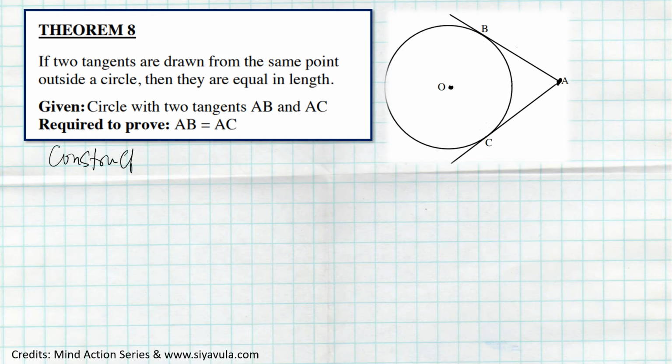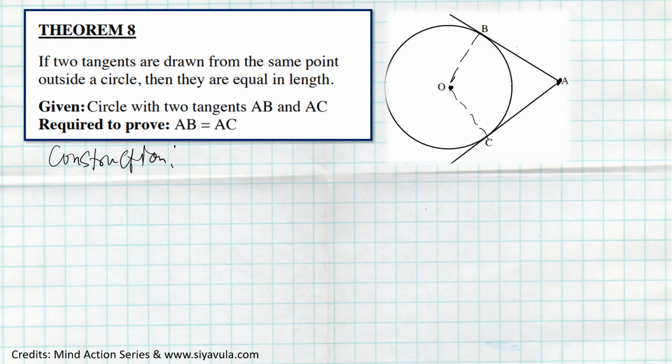In your construction, you're just going to draw the radii that go towards these tangents. So I'm going to draw a radius from O to C and another radius from O to B. That's our construction.